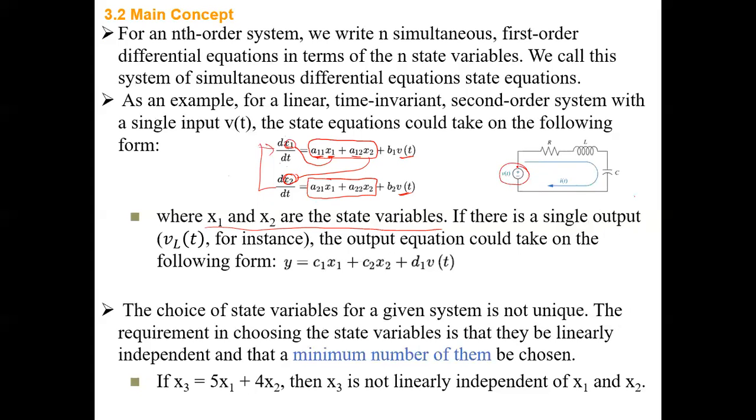The source is V. So x1 could be Q, x2 could be I, and your source could be V, because this is the source of your system, right? So the conclusion: the two first order differential equations can be written in terms of state variables x1 and x2 and the source.